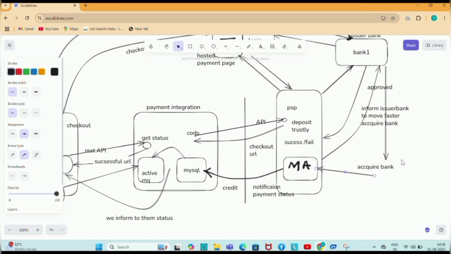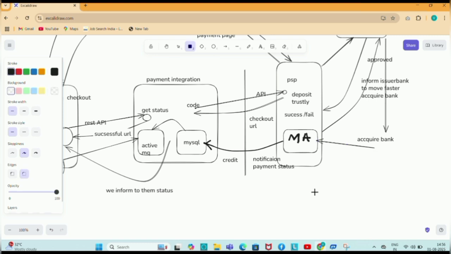So it is an acquirer bank account. So the issuer bank will move the funds to an acquirer bank.